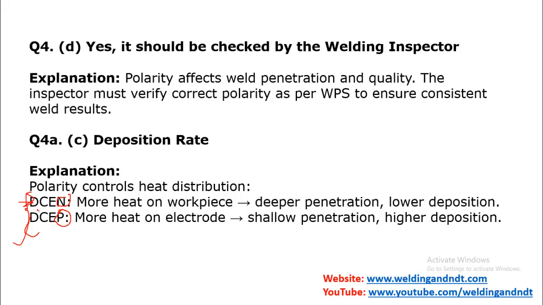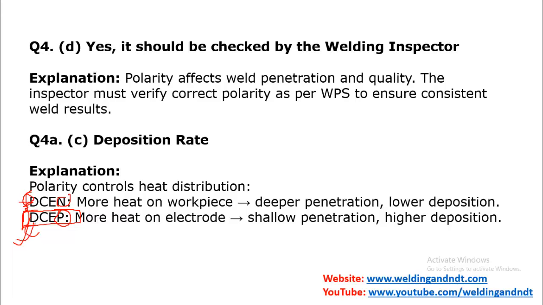However, in TIG welding, the DCEN polarity is used. Maybe I have said something wrong. Let me repeat that in most of the welding processes, DCEP polarity is used. Like in GMAW, SMAW, most of the welding processes, DCEP is used.